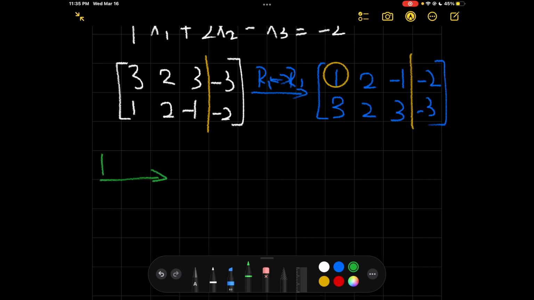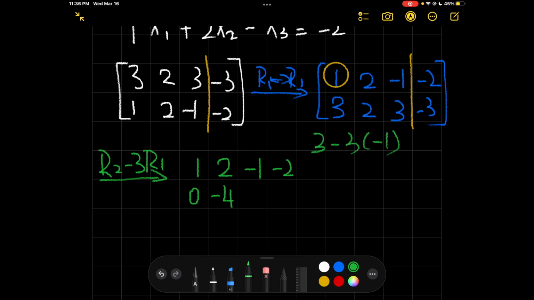Now what we can do is row 2 minus 3 row 1: 1, 2, -1, -2, 3 minus 3 is 0, 2 minus 3 times 2 is -4, and 3 minus 3 times -1, so 3 plus 3 is 6, and -3 minus 3 times -2 is -3 plus 6 is 3.